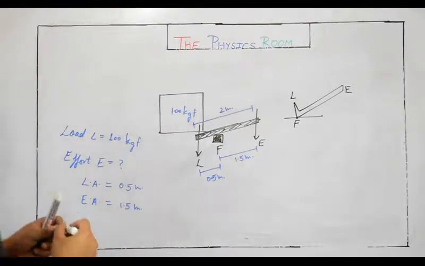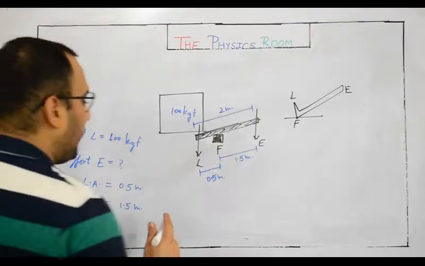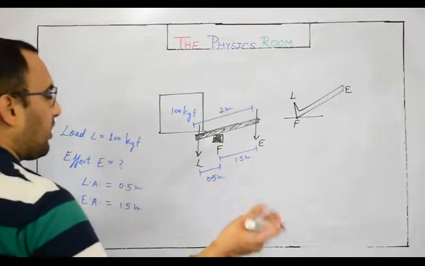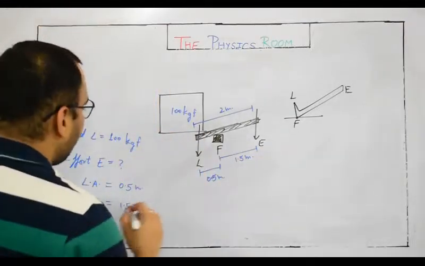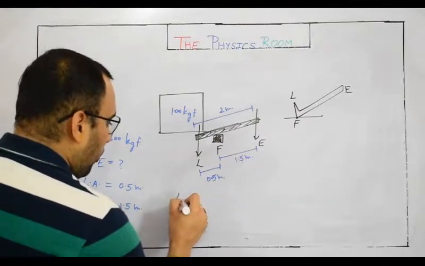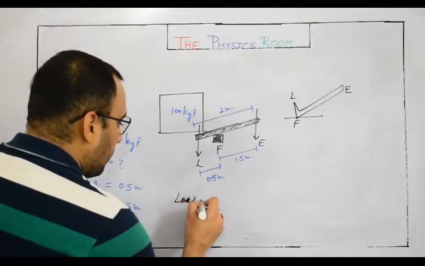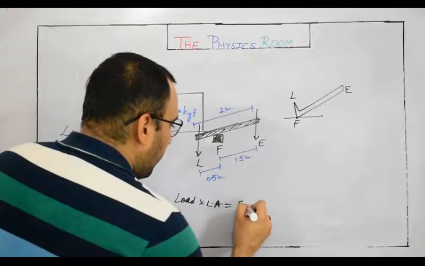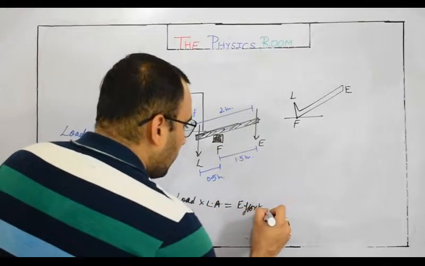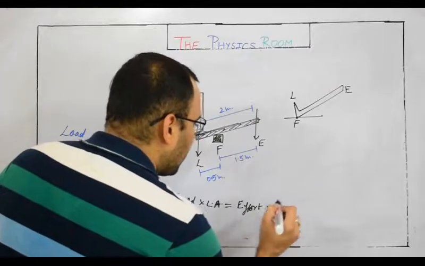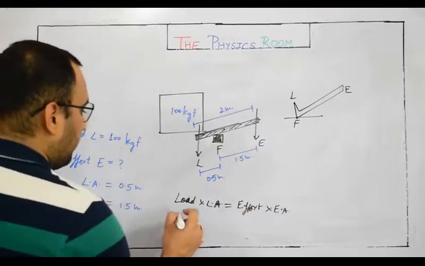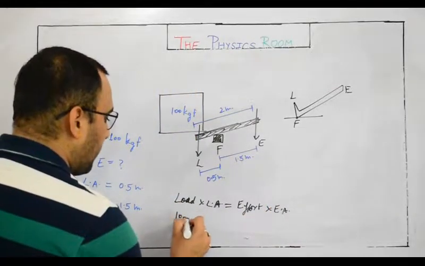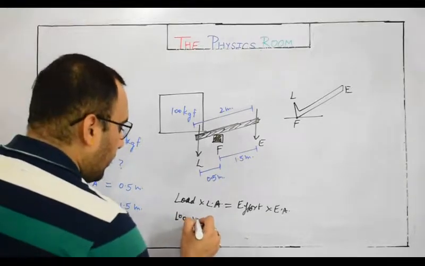Now let's try to calculate according to the principle of moments. Total right side torque is equivalent to left side torque or moment. So we can say load into load arm must be equivalent to effort into effort arm. Let's put the values to find out the effort. So load is 100 kg, so we are putting 100 into load arm.